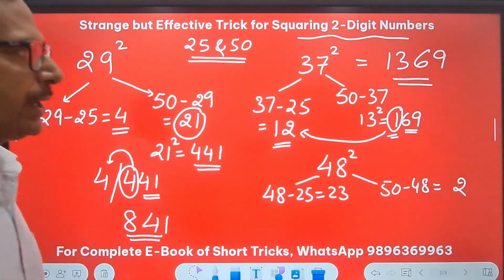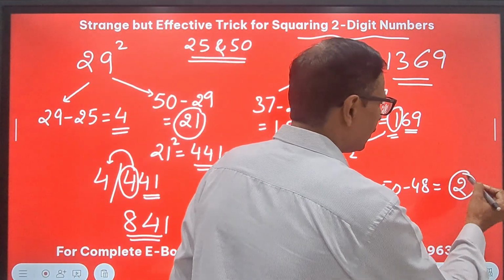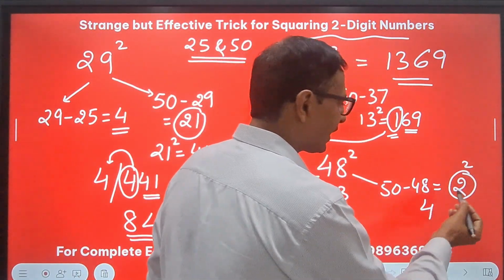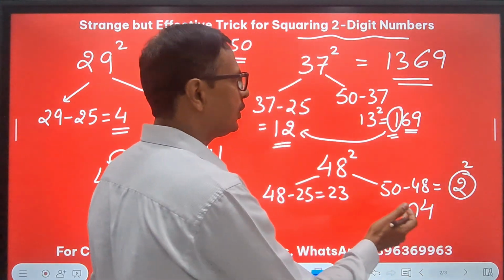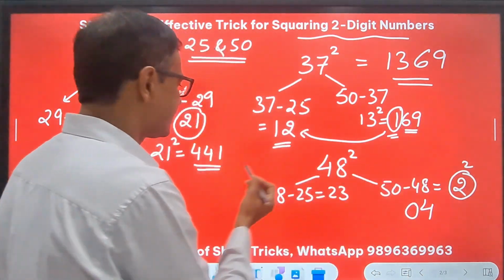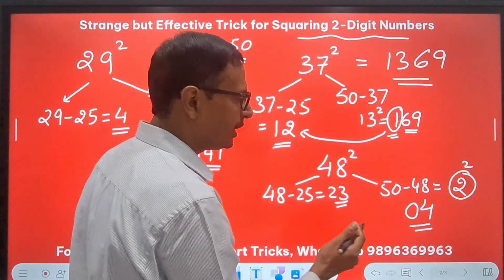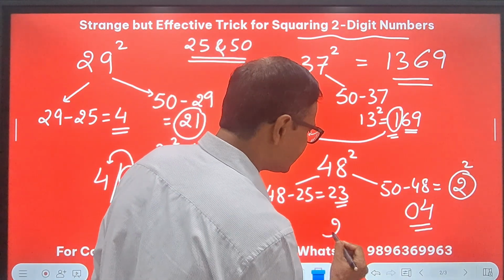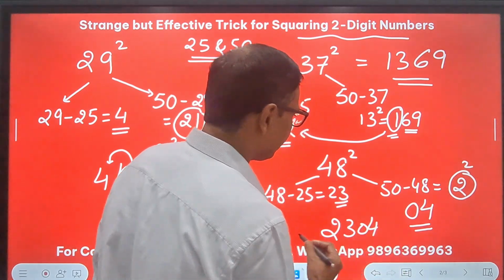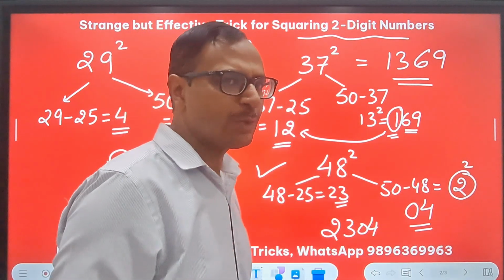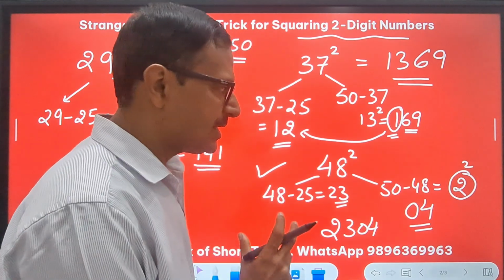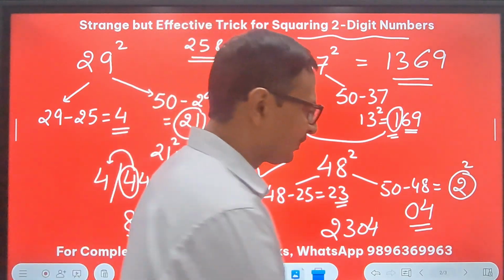Now 2 square is 4, and so I will write this number as 04, because I told you I have to retain 2 digits from the second part. So 04 and 23, nothing carried over, so 2304 is the square of 48. Now you can check using the calculator and you will see how effective the trick is.